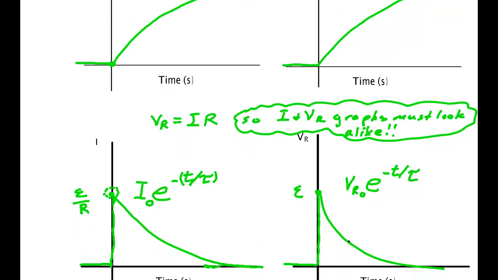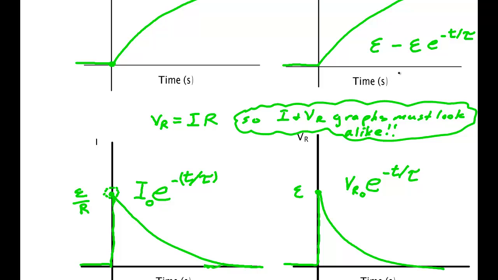This graph right here, if you flip that upside down, has been cut out of this epsilon. Well, that's really just a restatement of Kirchhoff's law. So this is like epsilon, but then we subtracted out this voltage, which was again epsilon e to the minus t over tau.